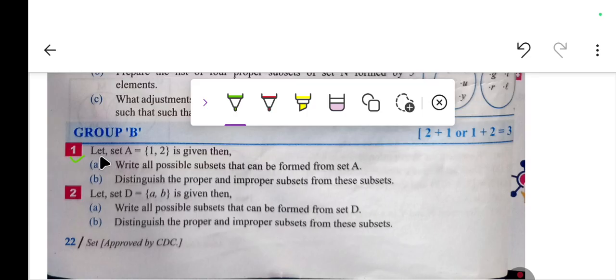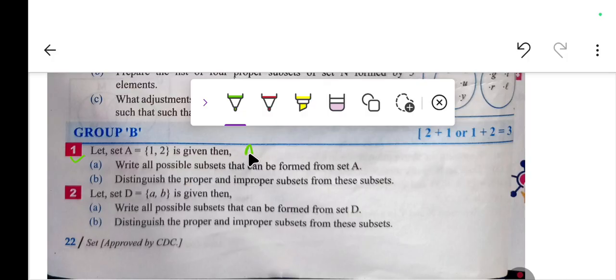Question number 1. Let set A is equal to {1, 2} is given. Then write all the possible subsets that can be formed from set A. So what are the other small sets that can be formed from set A? That's called subsets.